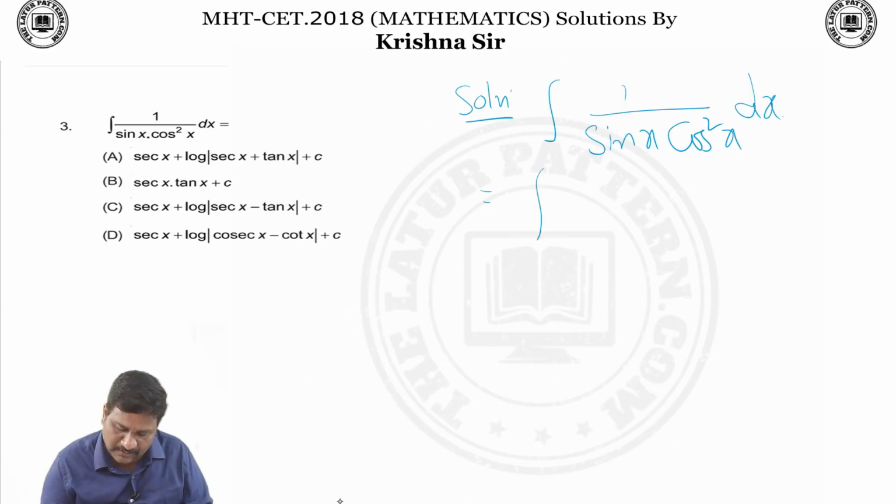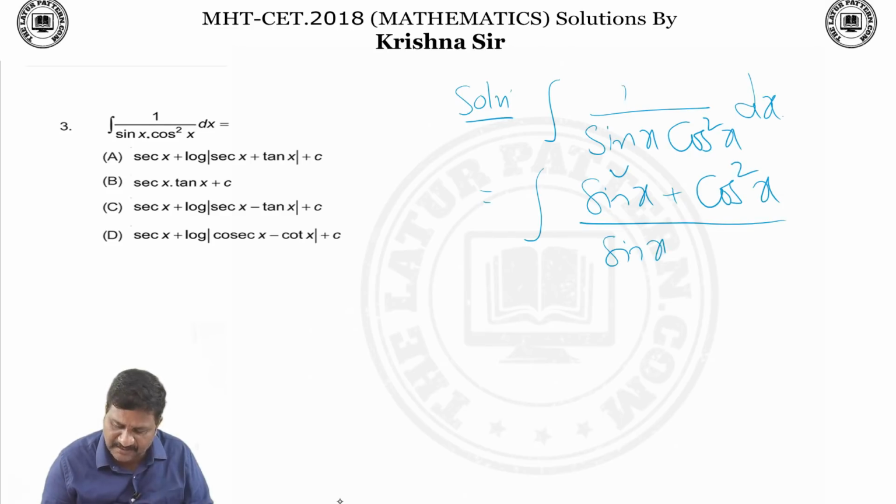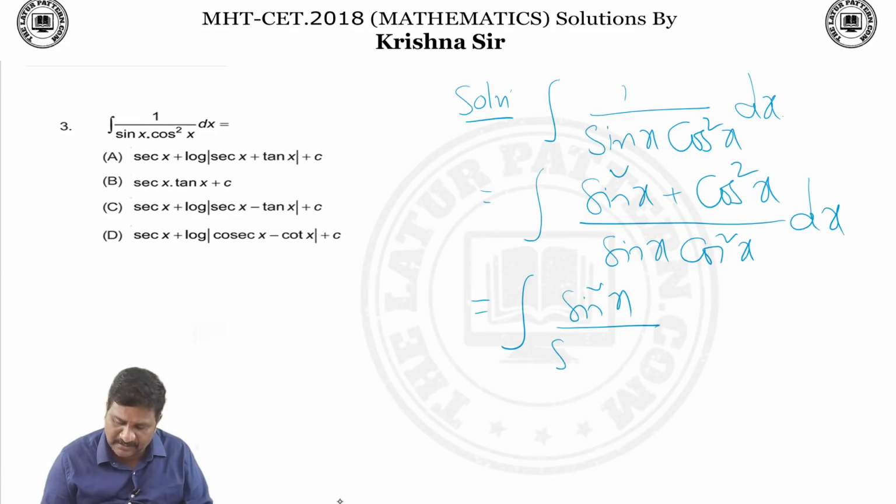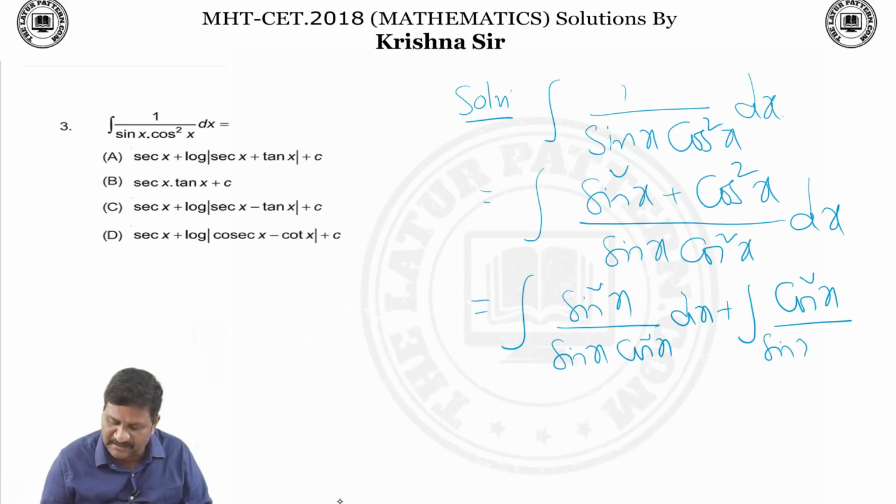Here in the numerator, 1 can be taken as the identity sine square x plus cos square x, upon sin x cos square x in the denominator. Now we separate: sin square x upon sin x cos square x as one integral, and cos square x upon sin x cos square x as the other.